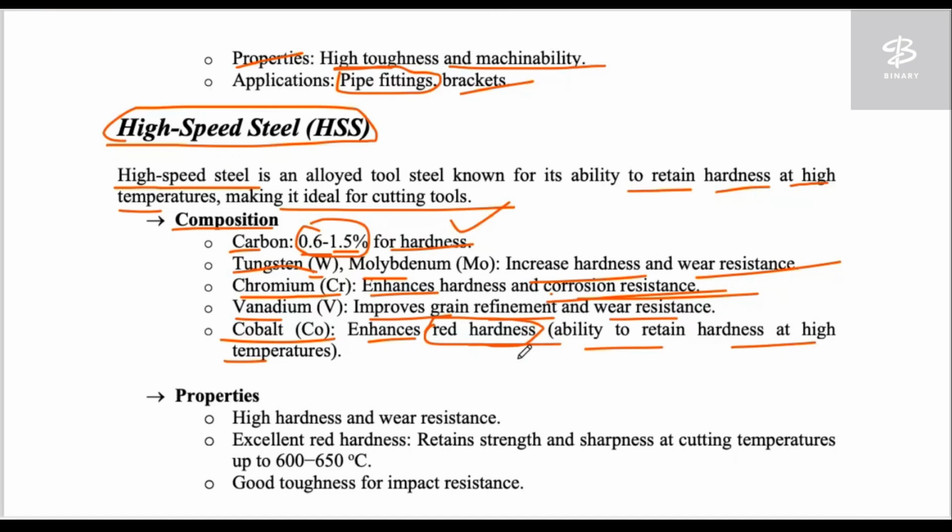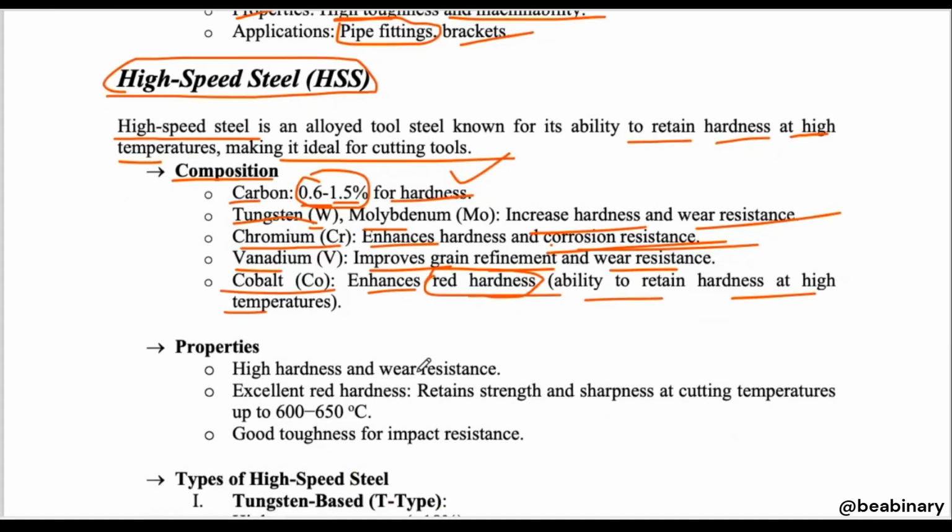But some materials, even at a higher temperature, still show their hardness. That is known as red hardness. At normal temperature it is normal hardness, but if at a higher temperature they show hardness, it is known as red hardness.